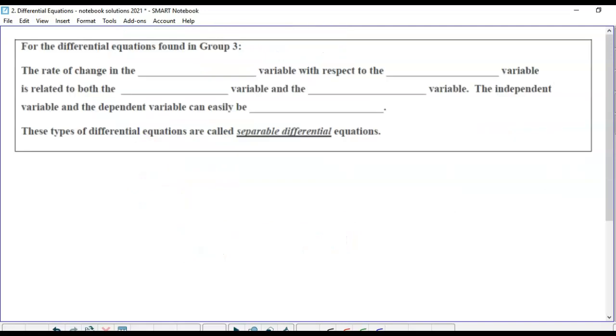All right, so the rate of change in the dependent, so this is for group 3, with respect to the independent, so dy dx, is related to both the dependent and independent.